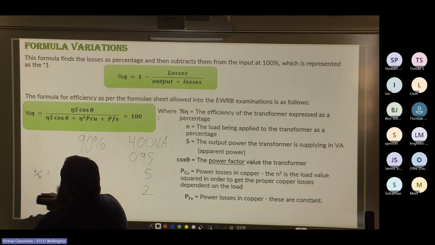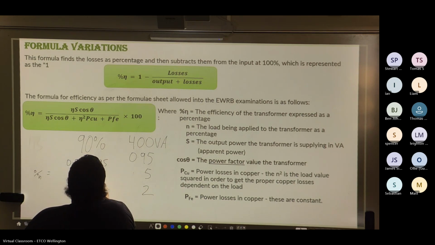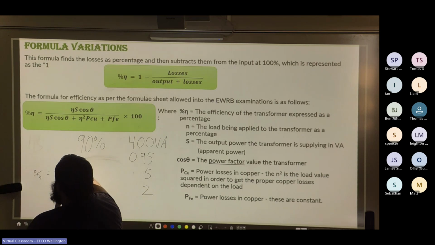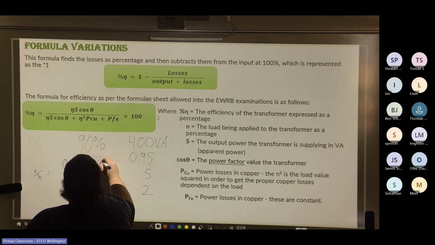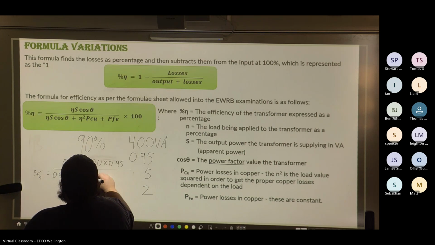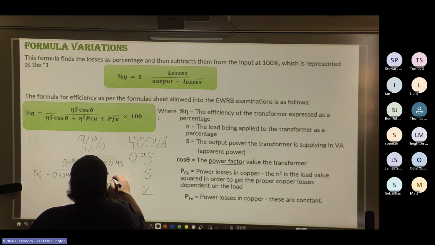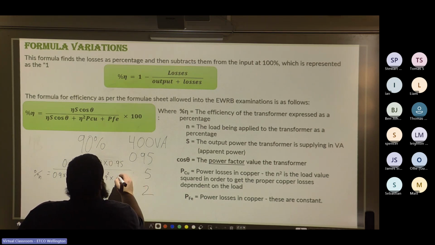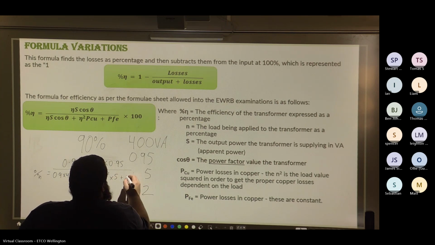You don't need to worry about the cosine because we already have it as 0.95. Getting ahead of myself.